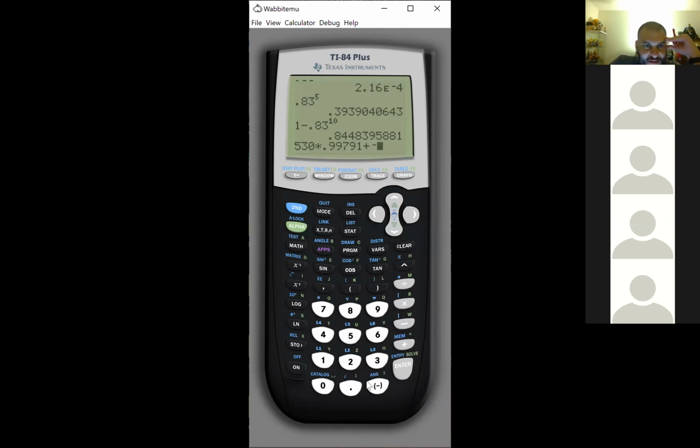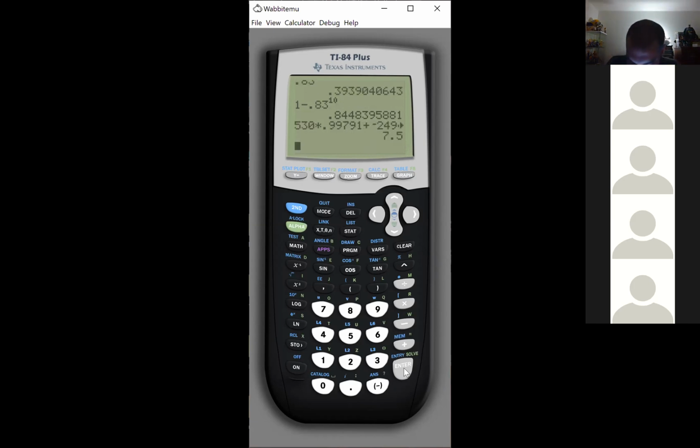So you put negative 249,470 multiplied by 0.00209. If I do that, you get 7.5.